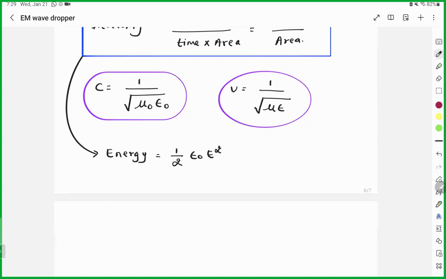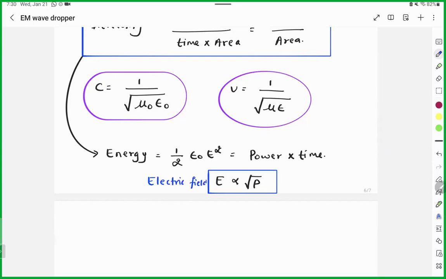Any doubt, guys? So this energy is also equal to power into time. Then you say that your electric field is directly dependent upon the square root of power, where E is not energy but electric field, and P is the power.